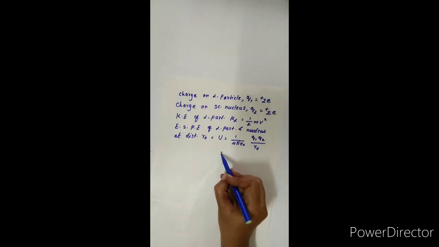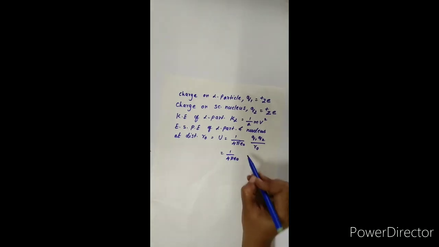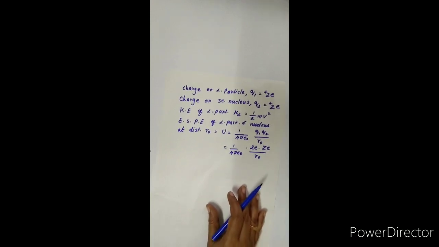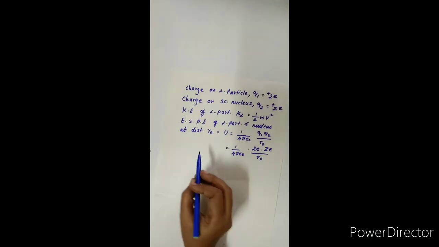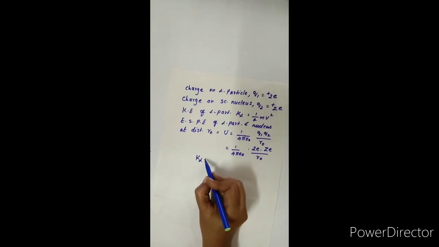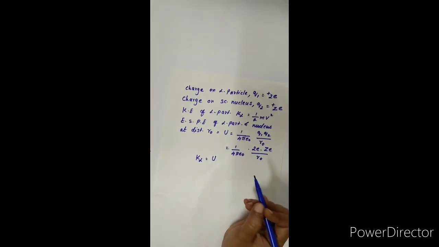What is Q1? Q1 equal to 2e. And Q2 is plus Ze, divided by R0. According to conservation of energy, the kinetic energy of the alpha particle is equal to the electrostatic potential energy of the alpha particle and the nucleus.